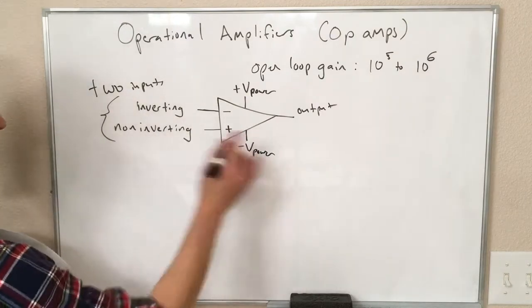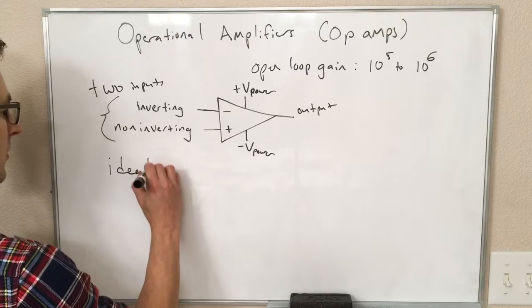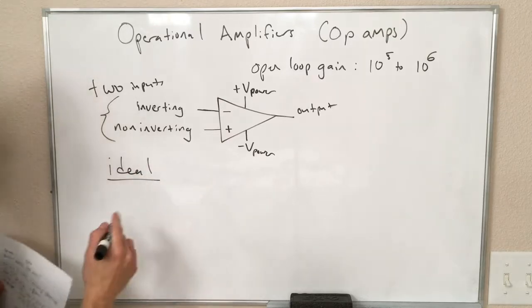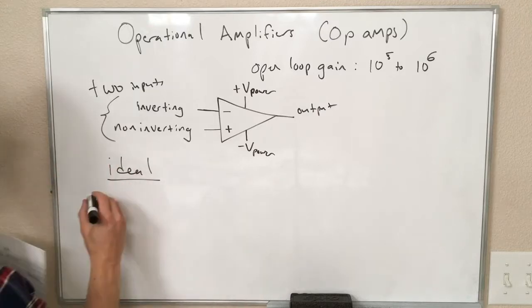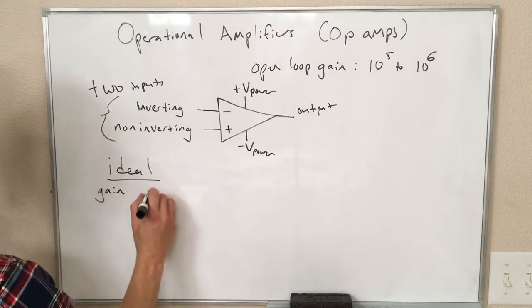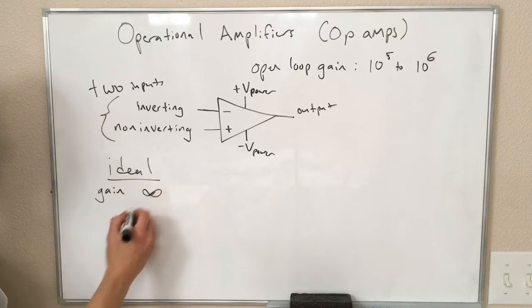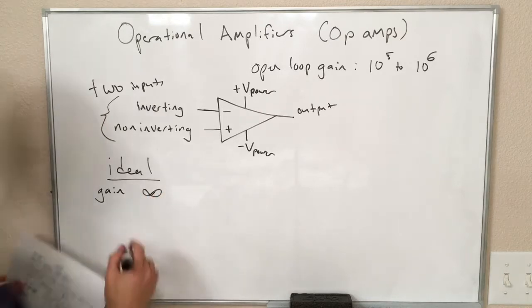Okay, so for an ideal, perfect op amp, it has the following properties. The gain is actually infinite, or very, very big.